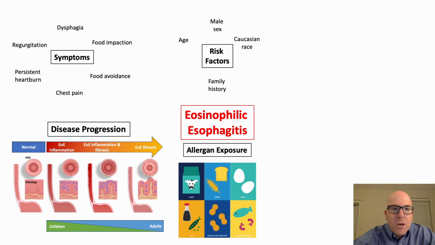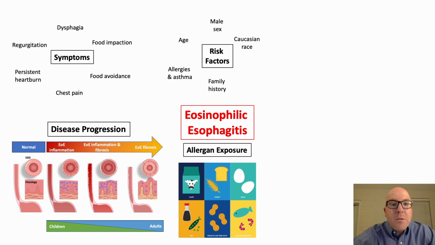So I mentioned that family history is common in patients with EoE. And then I did mention allergies and asthma. And this is something that we see quite frequently. Many of these patients will have concomitant allergic predispositions, such as hives, allergic rhinosinusitis, and asthma.